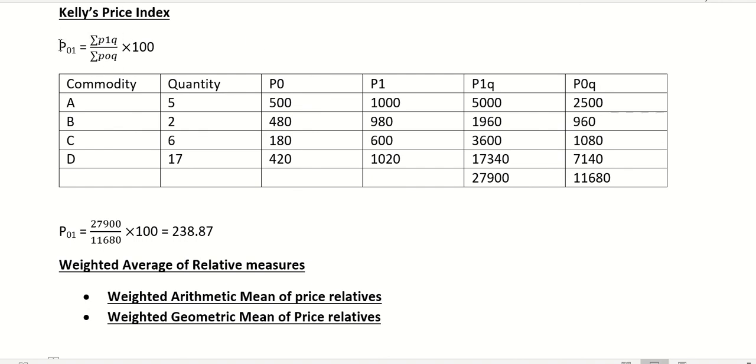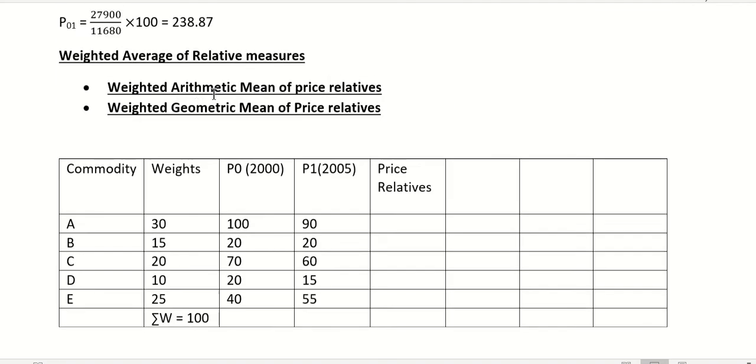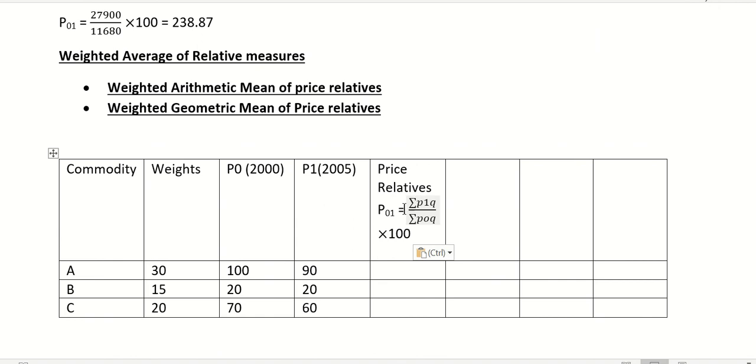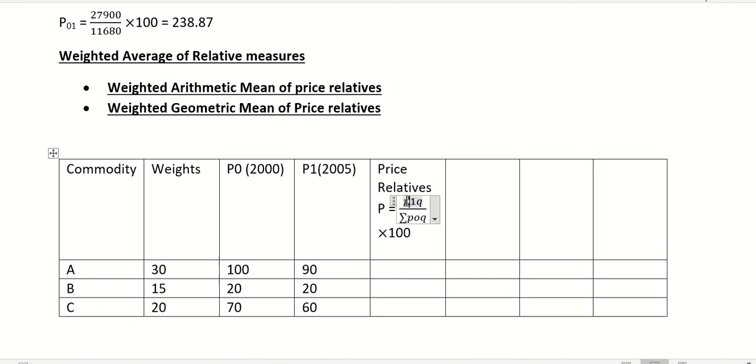The formula is P equals P1 divided by P naught into 100. So this is how we'll calculate price relative.